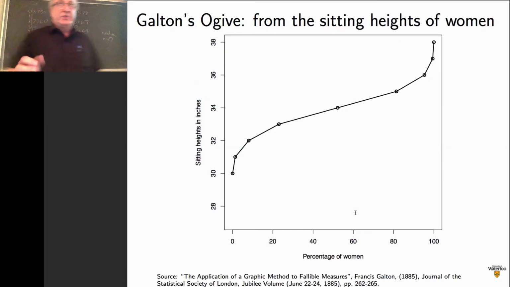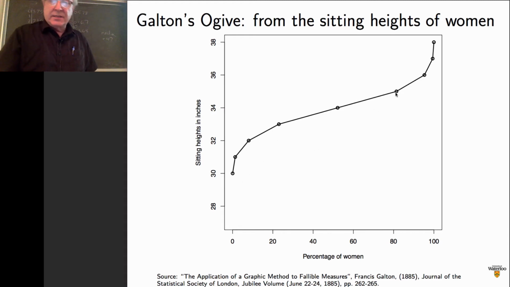So these are for particular proportions of women. The percentage of women whose sitting height was less than or equal to 30 is here. The median, about half of the women in the sample, had a sitting height of 34 and a bit. So that's their height from the base where they're sitting to the top of it.